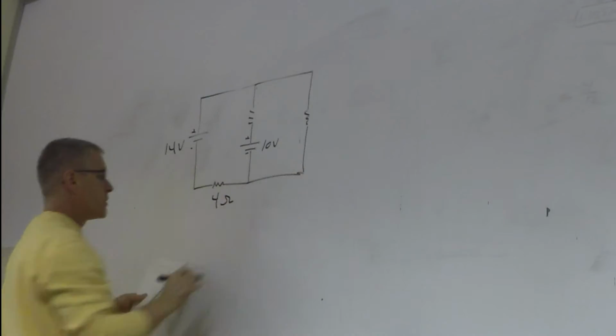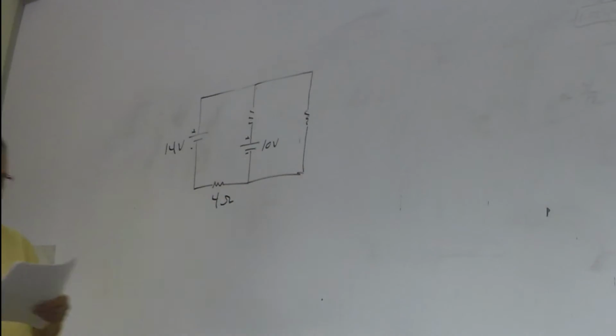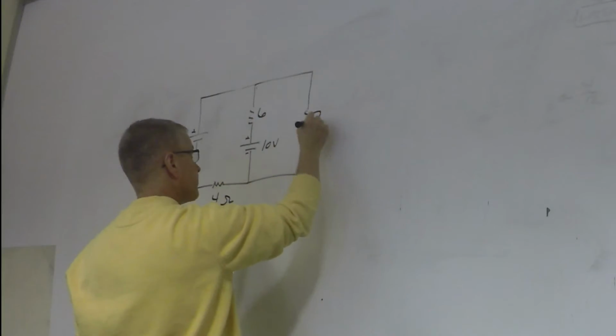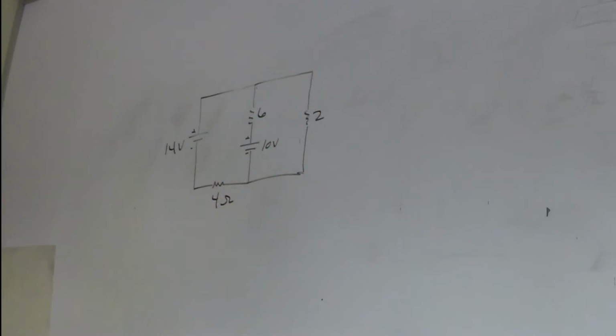The units on these resistors are going to be ohms. I'm going to leave them off just so it makes a cleaner picture. So let's say we've got a circuit like that, and we want to know, how much current is going through each of the resistors.